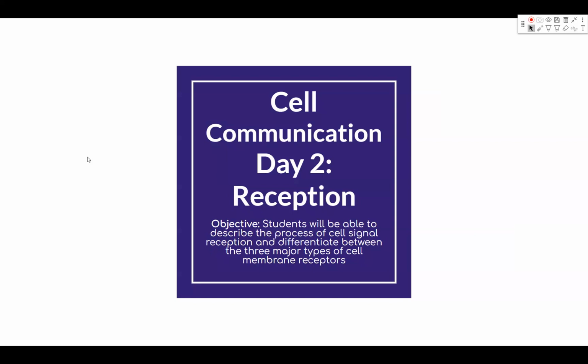There are cell signals where two cells are actually physically touching one another. We've got a cell signal sent across an extracellular space, but not too far. And we've got signal sent from head to toe within an organism. Those are the three types of external signals. Today, we're going to talk about what happens when those signals actually reach another cell. So that is the goal for today.